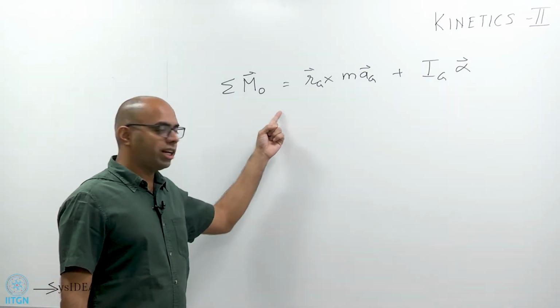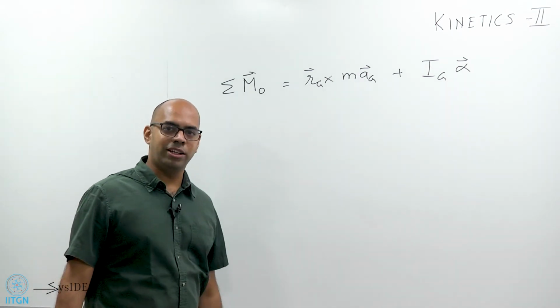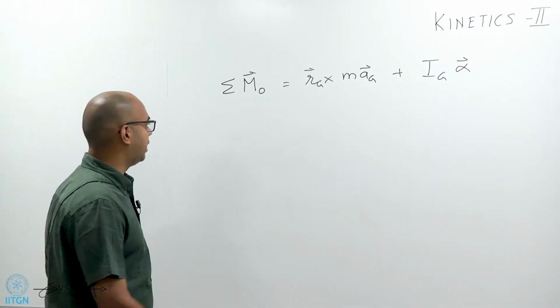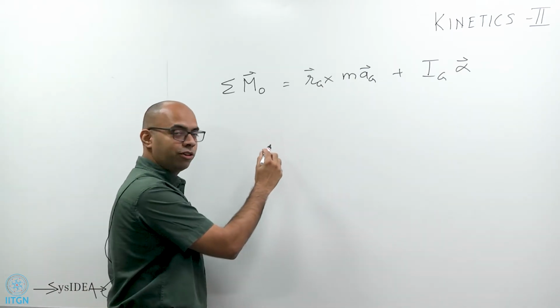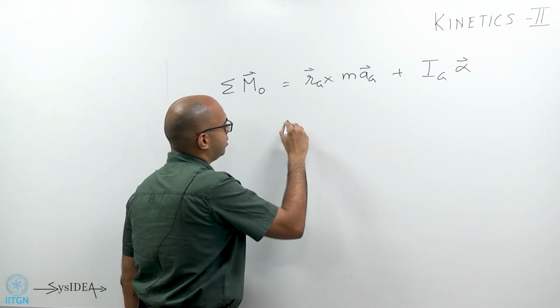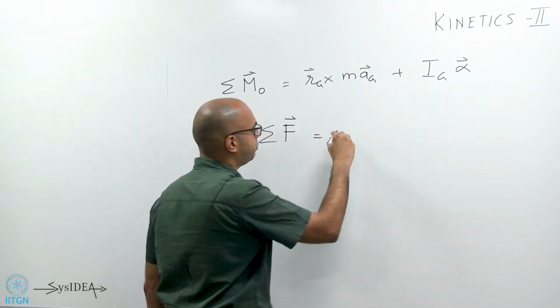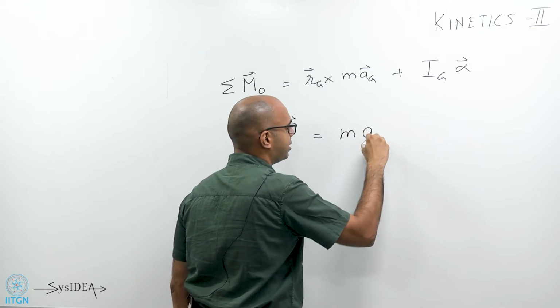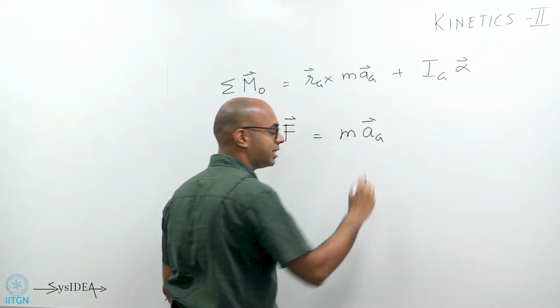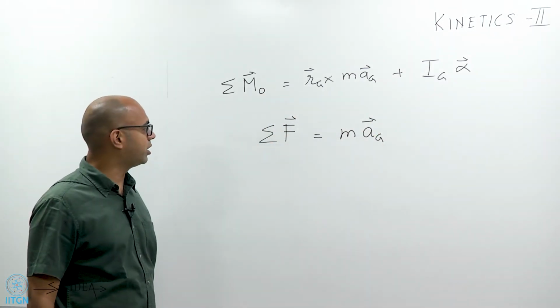So this is an important equation, but let me also remind you of two other equations that we had seen before. One is the sum of all external forces acting on a rigid body is equal to the total mass times acceleration of the center of gravity of the rigid body.